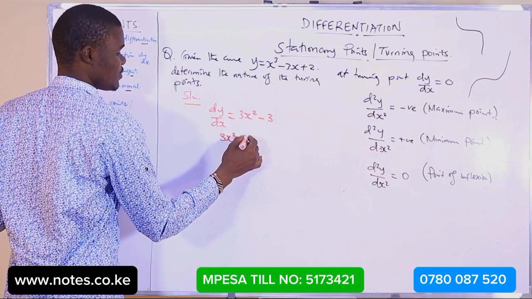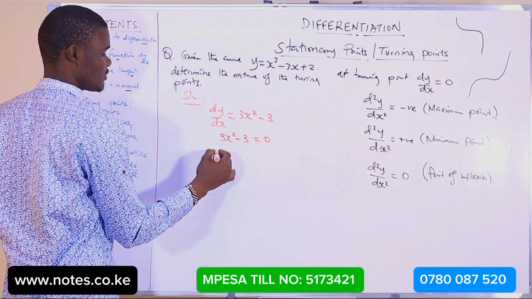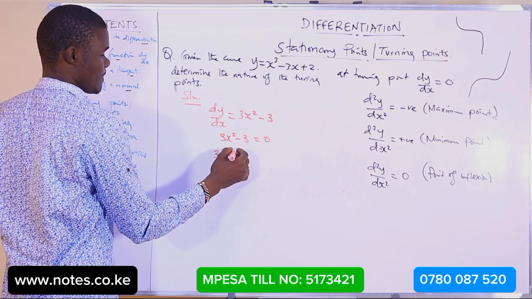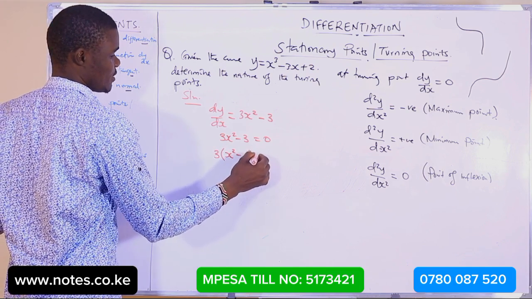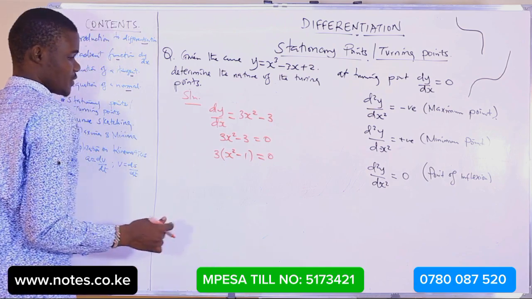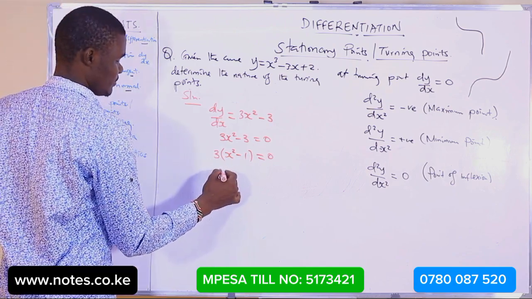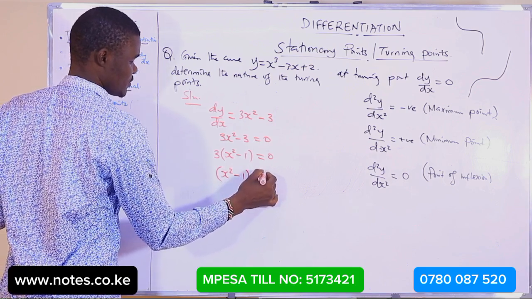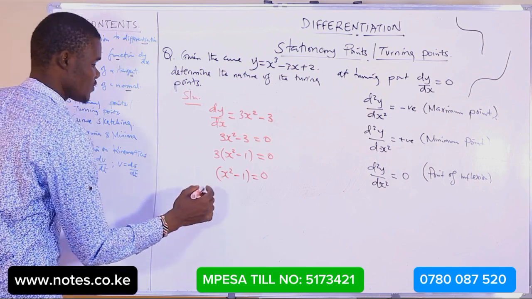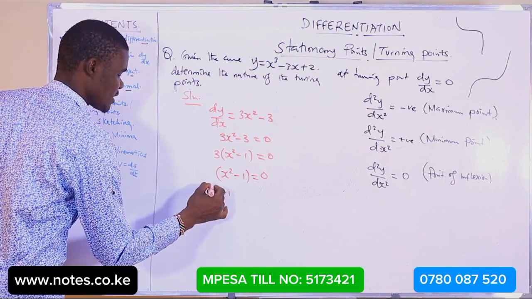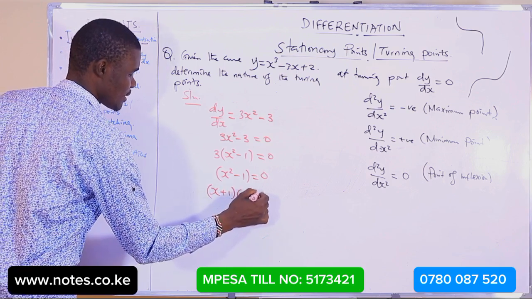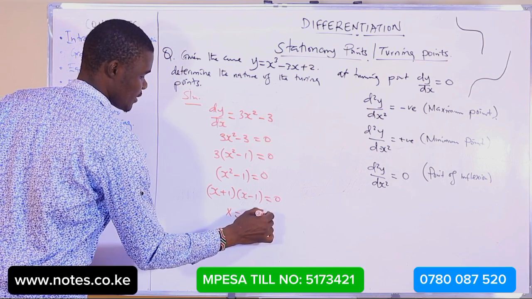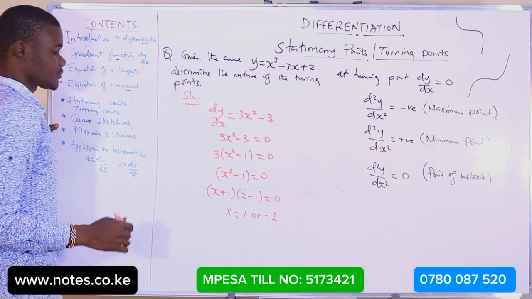Factorization: this will be x squared minus 1 equals 0, you divide both sides by 3. You know this is a difference between two squares, so it is x plus 1 times x minus 1. So the value of x can either be 1 or negative 1.